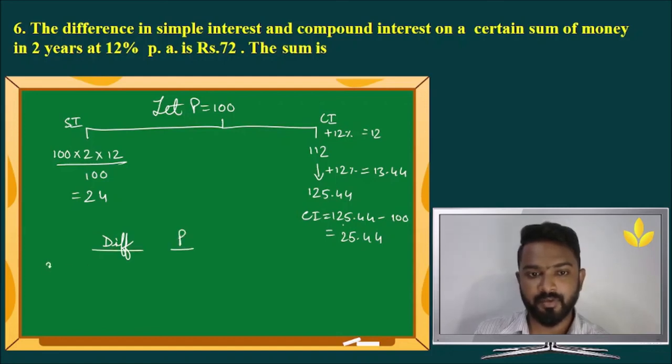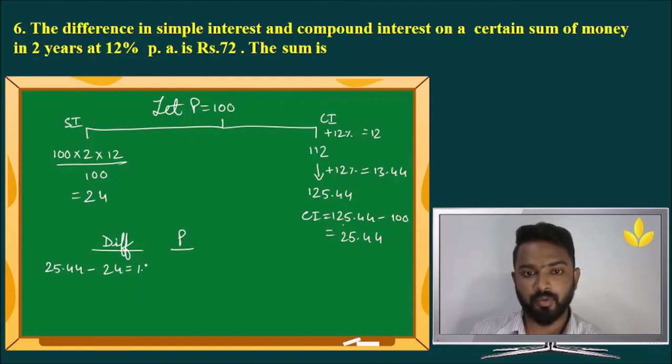What is the difference? We have 25.44 minus 24, that is equal to 1.44. When the difference is 1.44, the principal was 100. So when the difference is 72, like they have mentioned over here, the sum will be how much? Let's cross multiply.